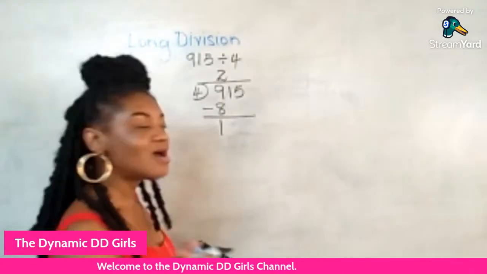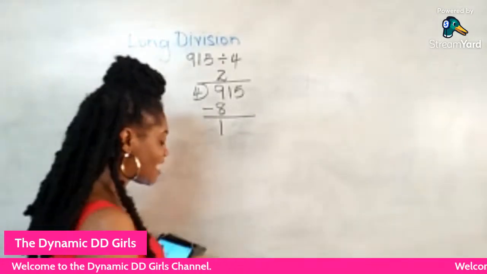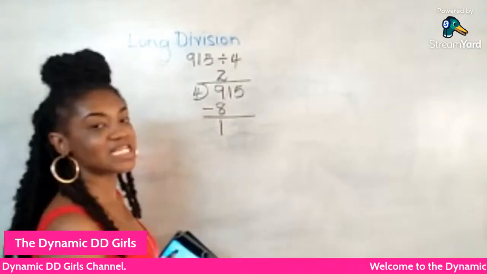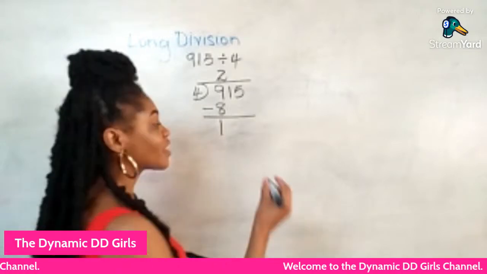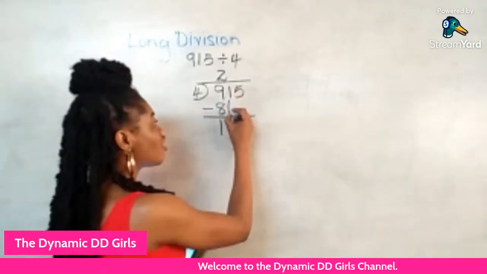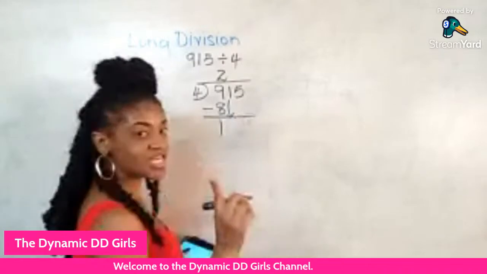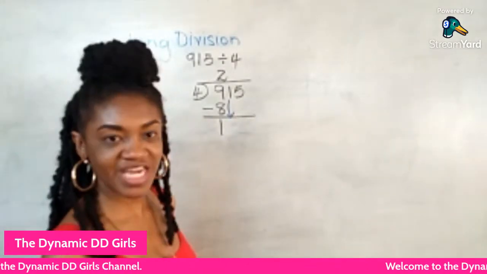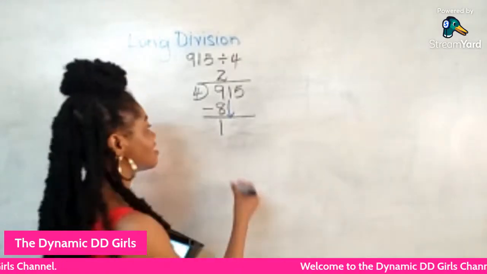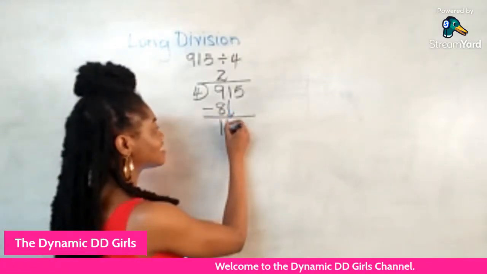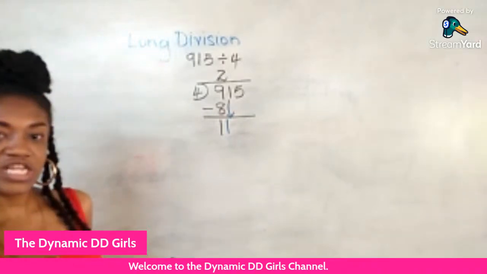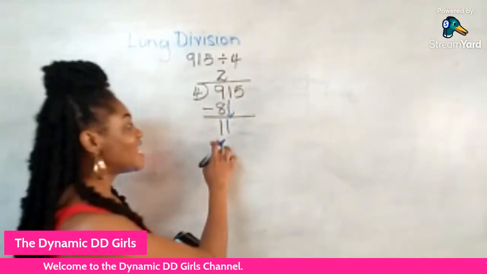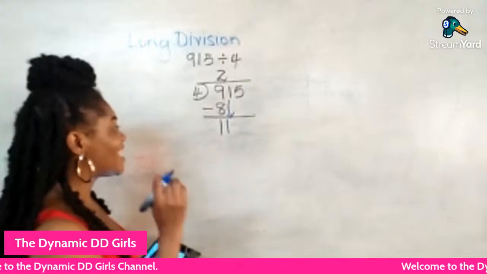Because we can't, we look to see the next digit in line. We have numeral 1, and we're going to bring it down. This is what we mean when we say carry it down. We carry it down beside this 1, and now it is 11.